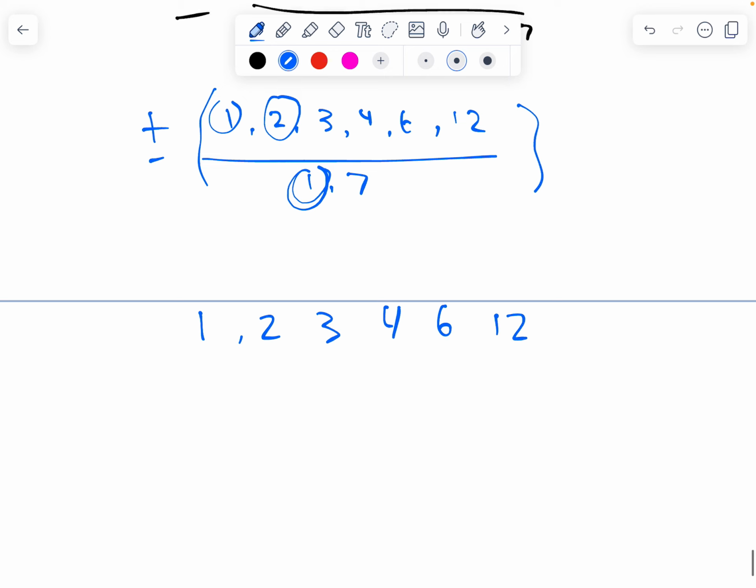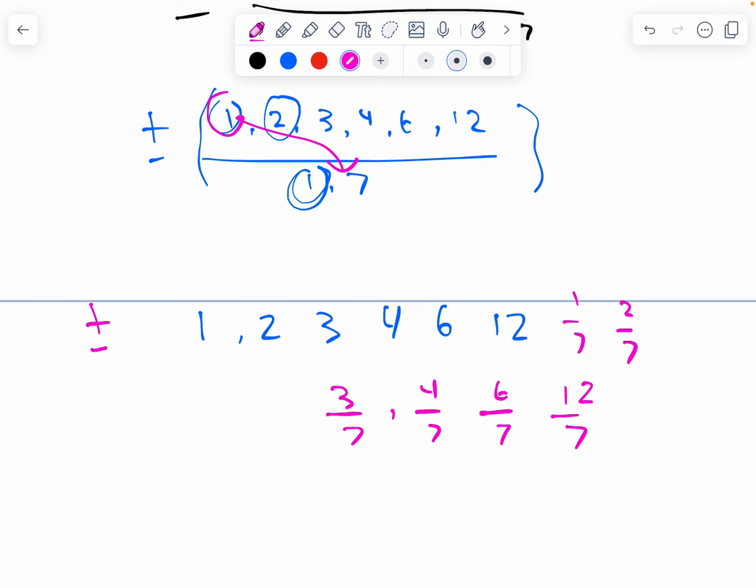We also have 1/7, 2/7, 3/7, 4/7, 6/7, and 12/7. And these are plus and minus.